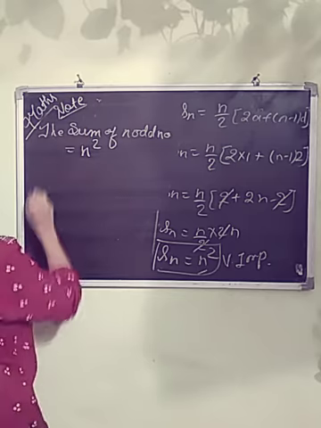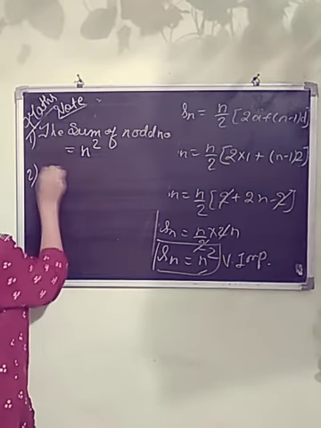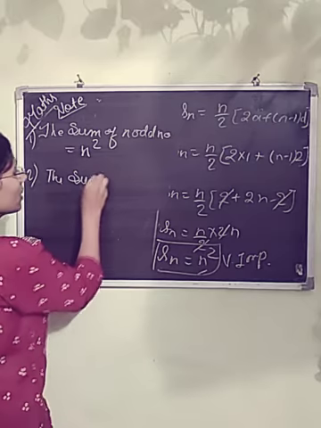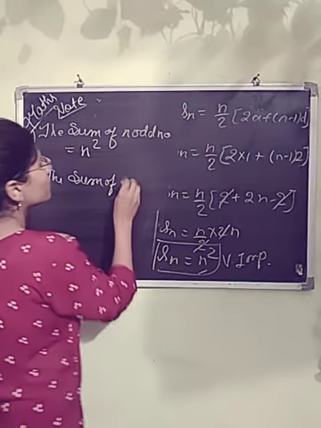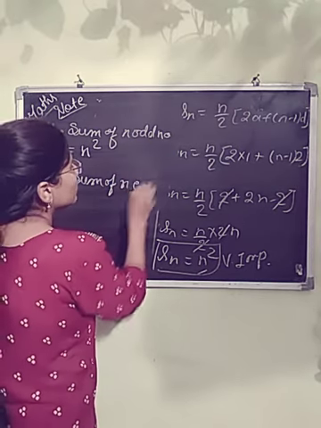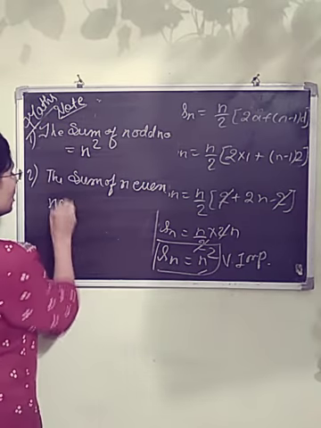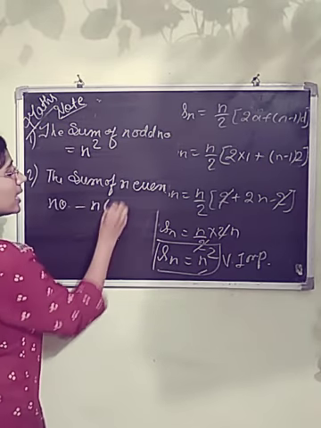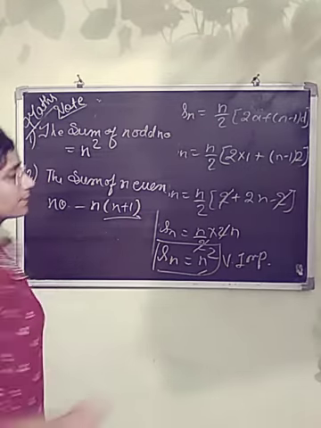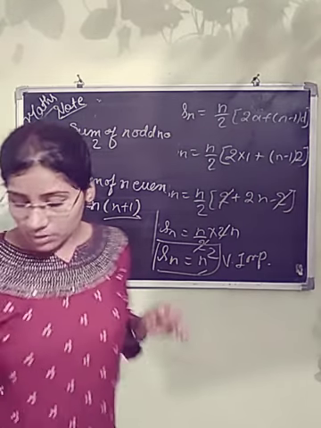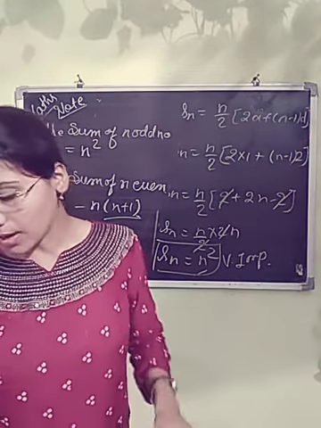Please note down. So this is first, and second is the sum of n even numbers can be written as n into n plus 1. फाइन.